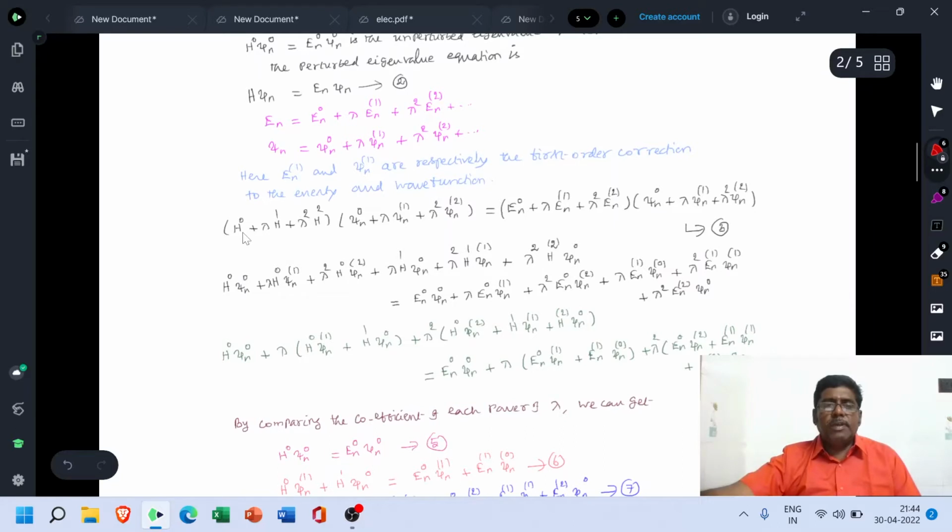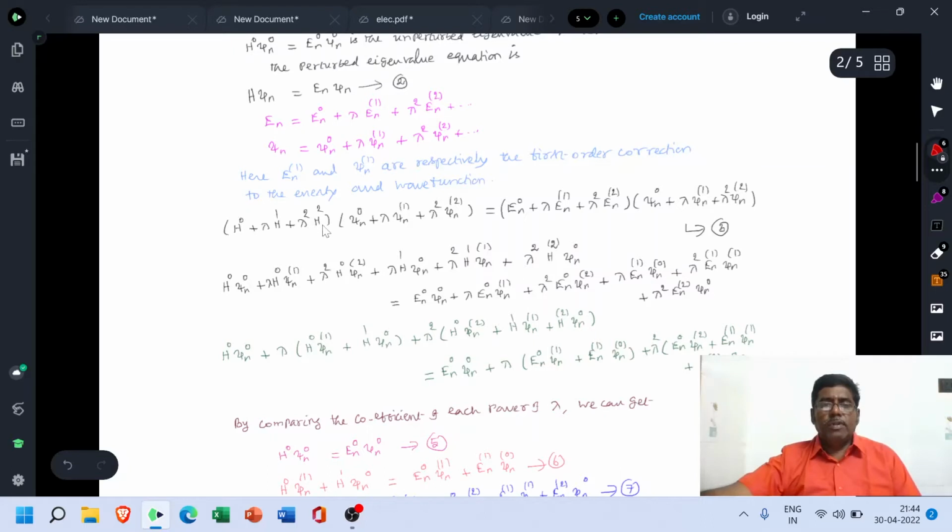Then make the multiplication: H0 psi n0 plus lambda H0 psi n1 plus lambda square H0 psi n2. Then take this lambda and multiply with psi n0: lambda H1 psi n0, then lambda into lambda, lambda square H1 psi n1. If you go for higher order, neglect the lambda cube and lambda power 4 terms. Extend your multiplication up to lambda square.